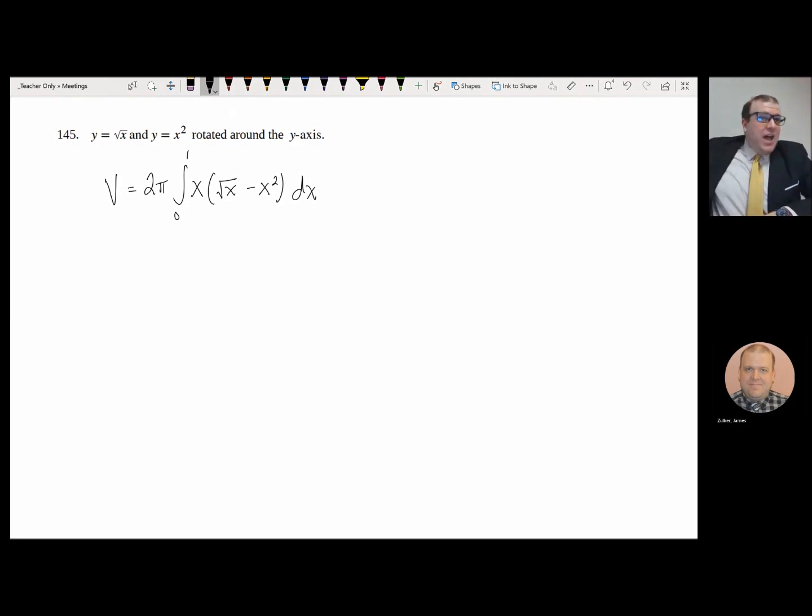But then obviously outside of 1, once you go to the right of 1, now your x squared would be larger. You'd have to split that into 2 separate regions, which would be kind of awkward, but doable. So if it's like 1 to 2, let's say, then it would be x squared minus root x.